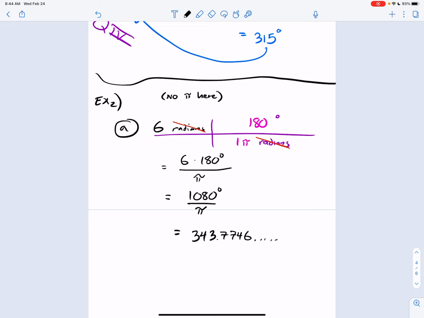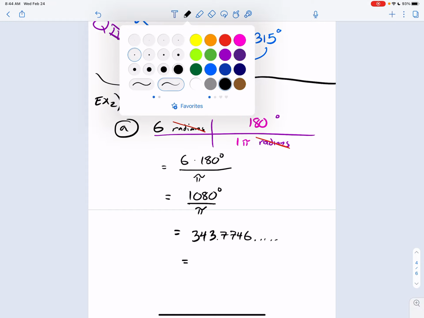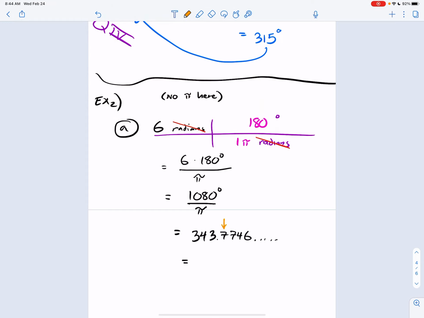Okay? I think on Delta Math, they ask you to round to the nearest 10th. So this right here is the 10th place. So you look at the digit after, and since it's 5 or larger, you know this is going to be 343.8 degrees. Okay?